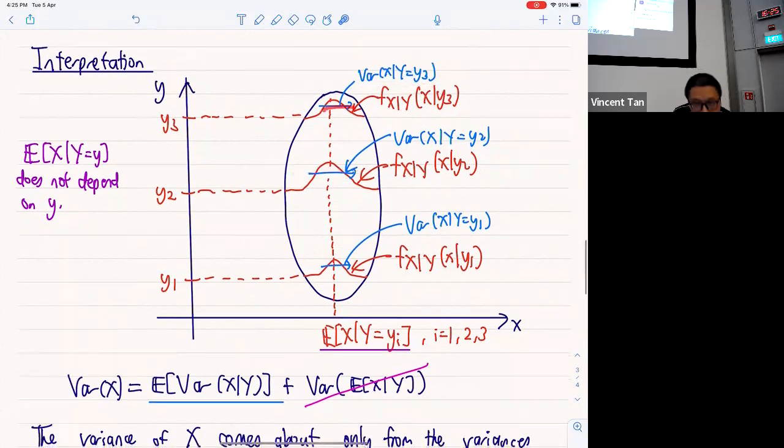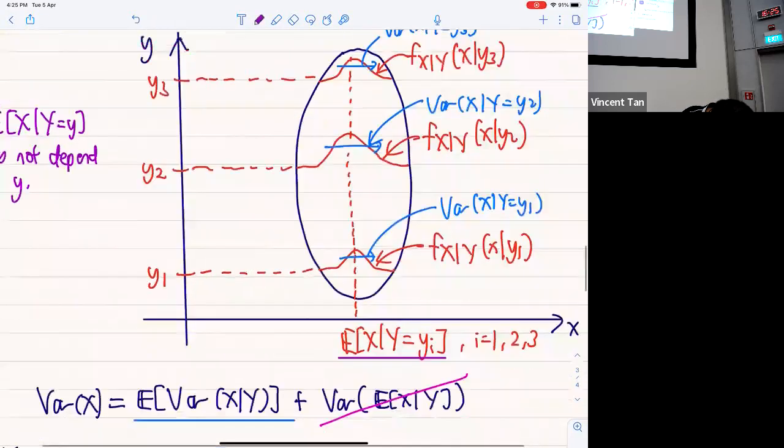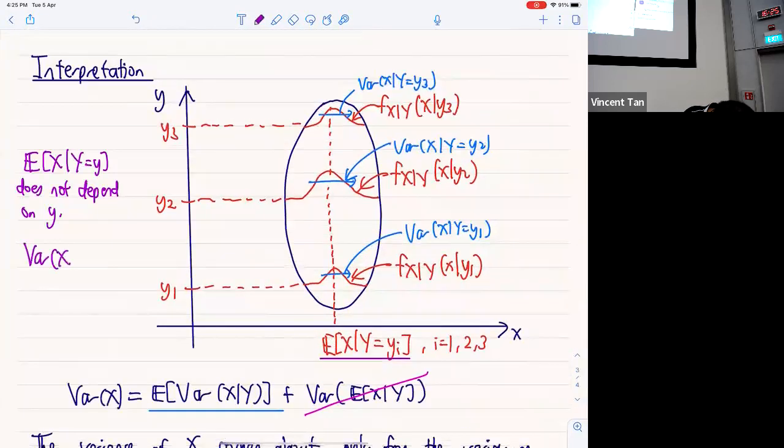Here, the spread is smaller, although my picture is not very good. But you can see that if I drew it at the extreme, the spread is very small. It's only a small little hump. So the variance of X given Y equals y does depend on little y. That's the point. David, does this answer your question?